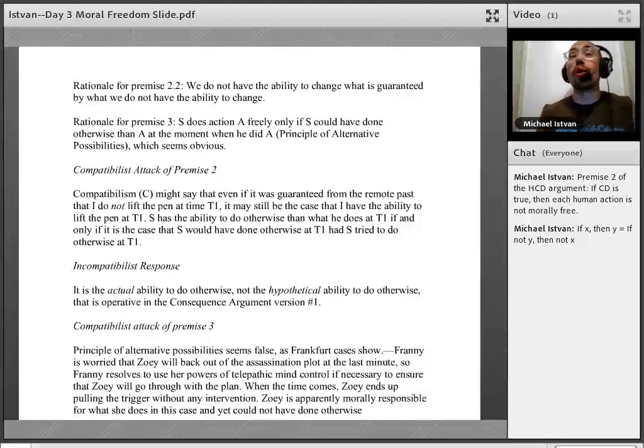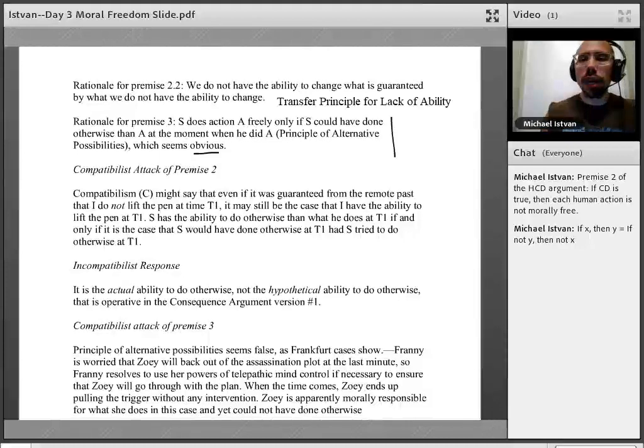They have to give some sort of account of the ability to do otherwise where it makes sense that even if it was guaranteed by the past that I don't lift the pen at time 1, I still have the ability to lift it. They have to give some sort of account in order to make sense of that. So here it is right here.